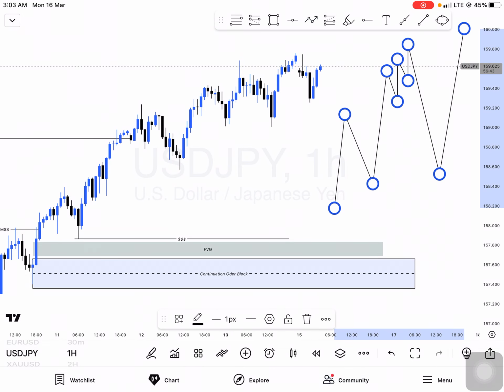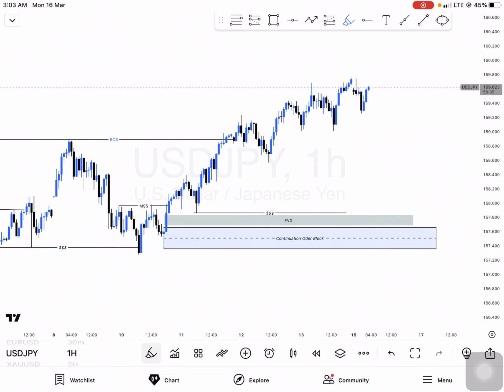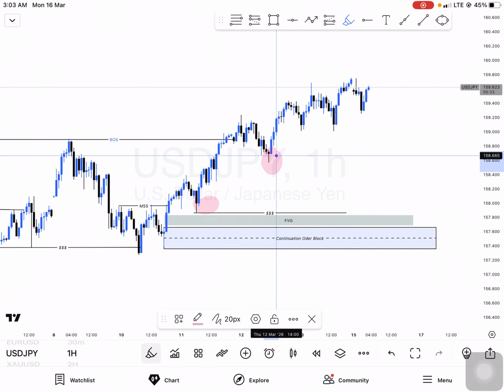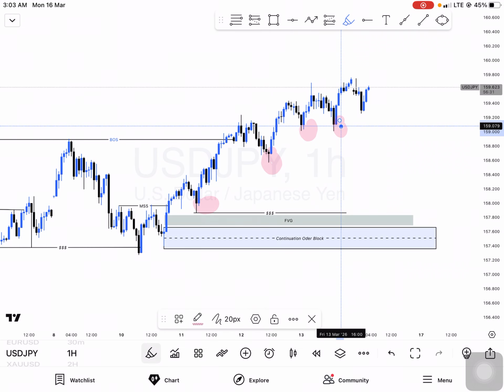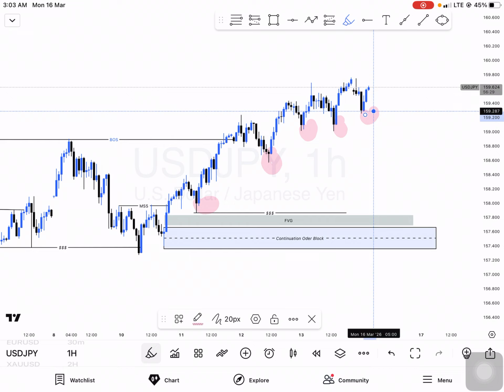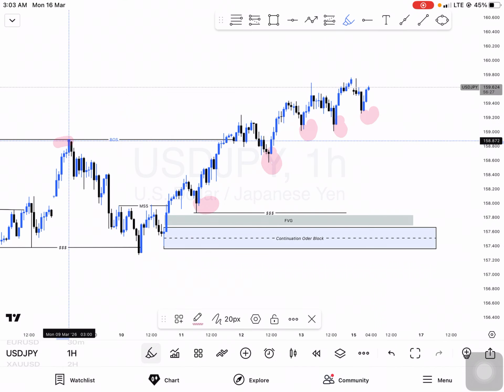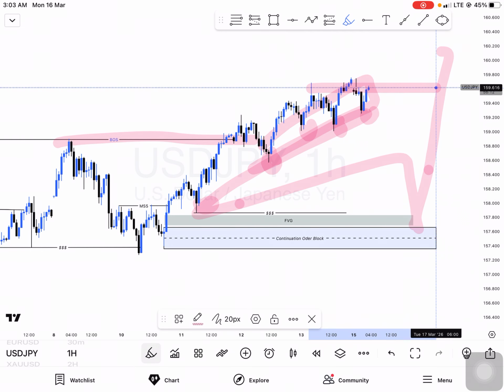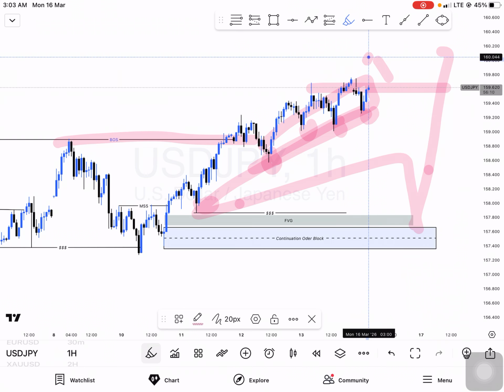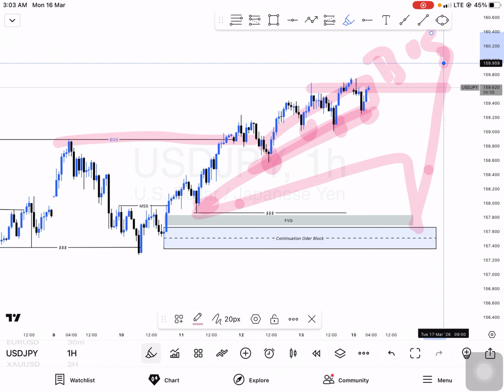You can see that the market has created these choppy breaks of structure to the upside before breaking above this, which means the market is going to automatically come back to take all this as liquidity before tapping into this order block and giving us a buy to the upside to break this high, to give us another break of structure to the upside.